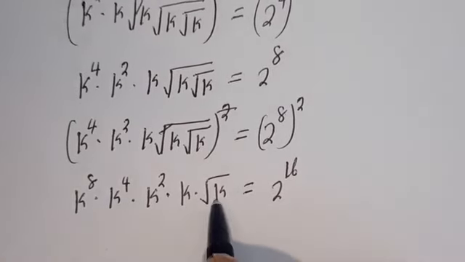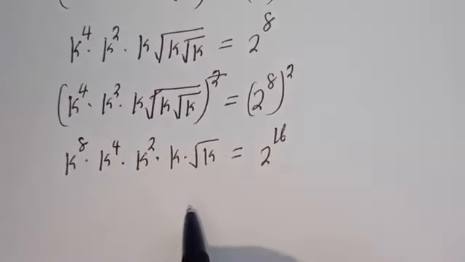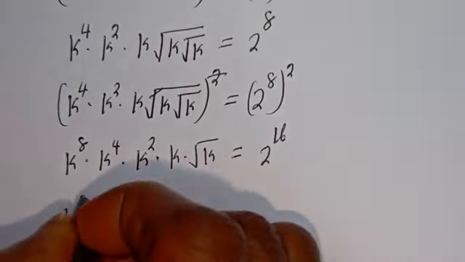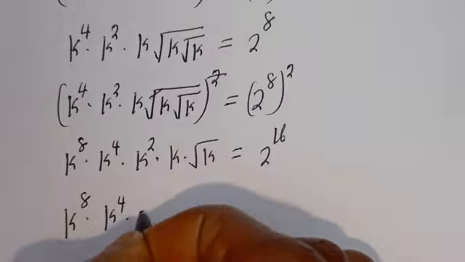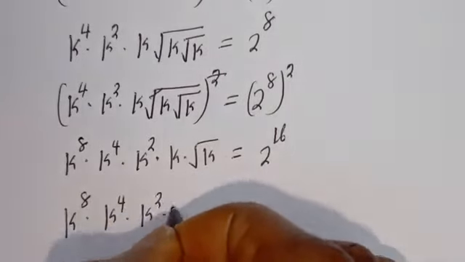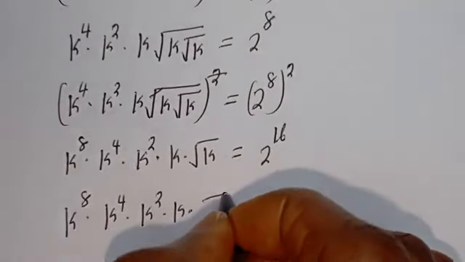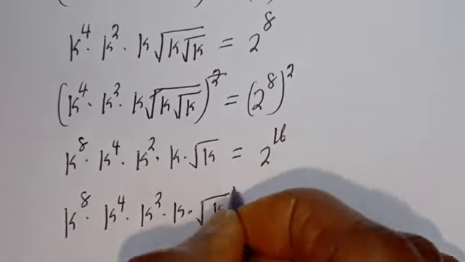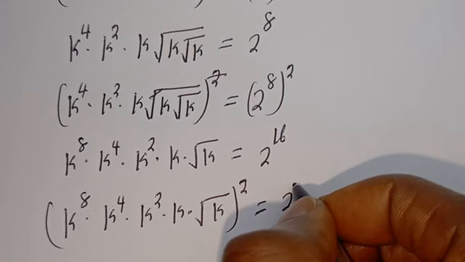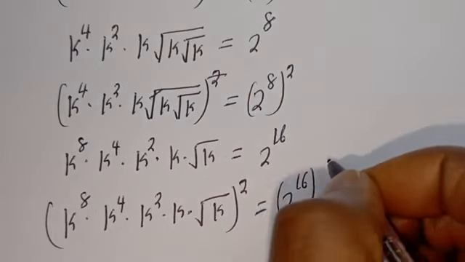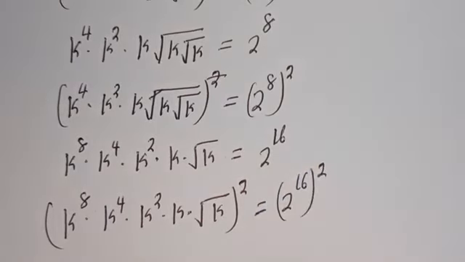Let's square both sides of this equation again. We have (k to the power of 8 multiplied by k to the power of 4 multiplied by k squared multiplied by k multiplied by the square root of k) all squared is equal to 2 to the power of 16 squared.